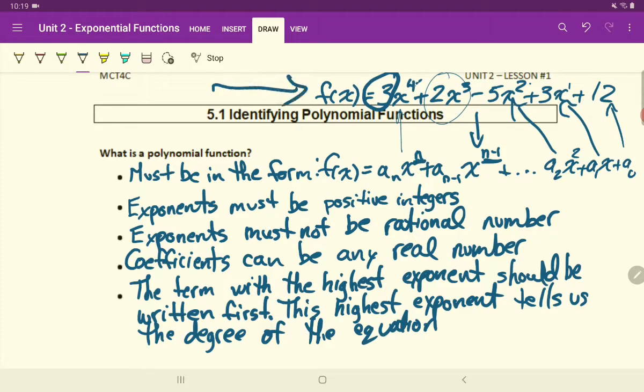This equation up here would be considered a 4th degree equation, okay, because the highest exponent is a 4. So that would be a 4th degree. If the highest exponent was a 3, then it would be a 3rd degree. If the highest exponent was a 2, it'd be a 2nd degree. If the highest exponent was a 1, it'd be a 1st degree polynomial. Okay.